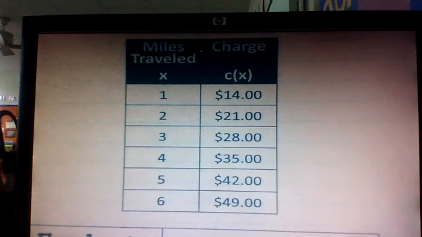So like, let's say you order a couch from Logan Furniture. And Logan has to drive from their warehouse to your house and it takes them 3 miles. Not only would you pay for that couch, they're also going to charge you $28 just to deliver. Delivery is not free. That's right, Artie.